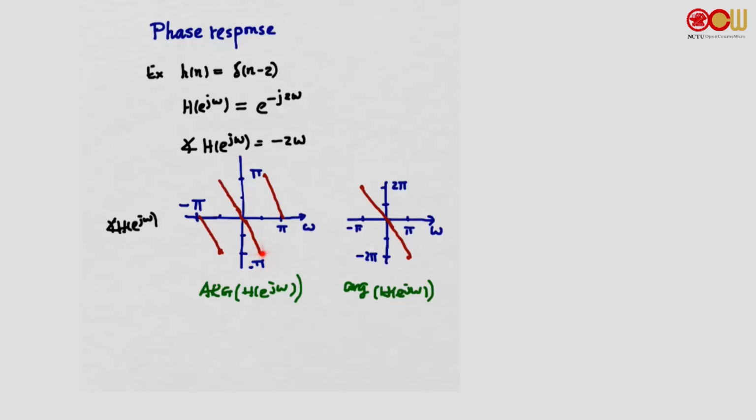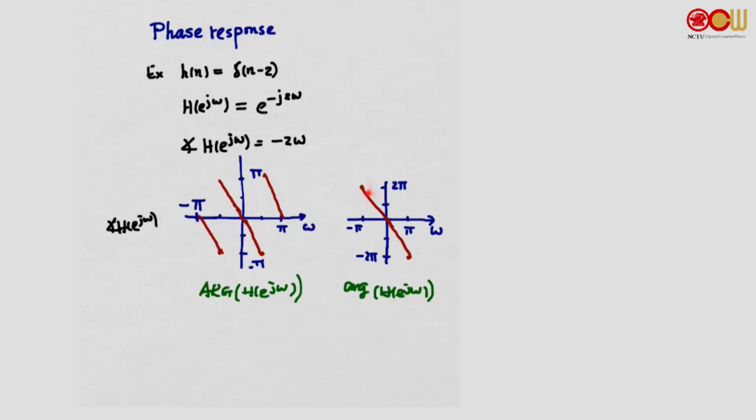Because we wanted to constrain it between minus pi and pi, we move this section here to here, because this doesn't make a difference in the actual value of H. And similarly for this part, it's the function minus 2ω, and continue on. But now we move this part to here, and this is big ARG.